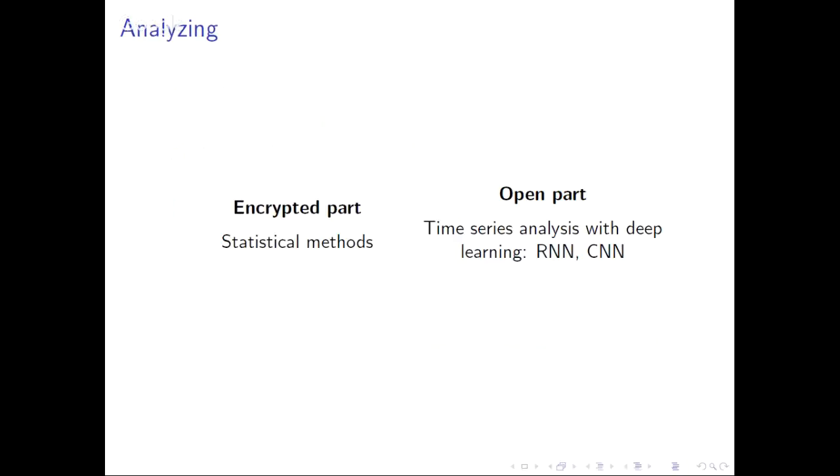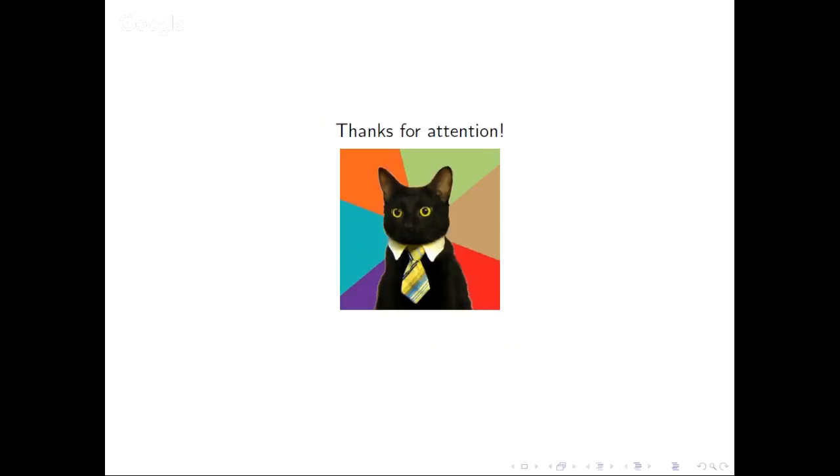And then we analyze the open part with some techniques of machine learning. Of course, it will be deep learning in this case, as the state-of-the-art solution. So, that's all.